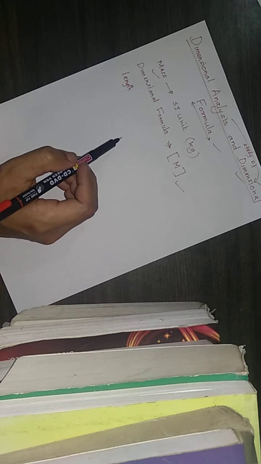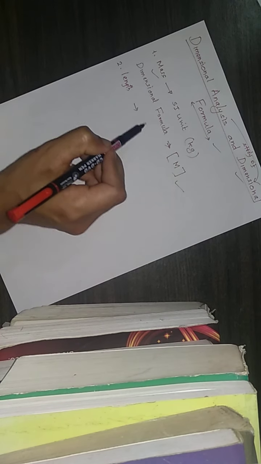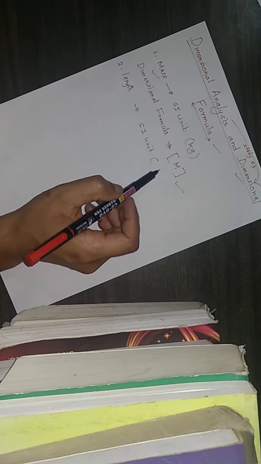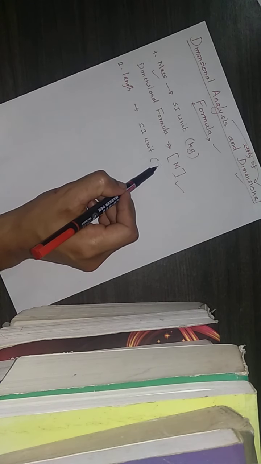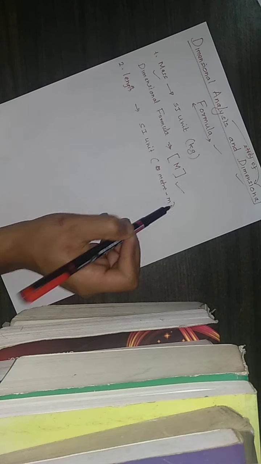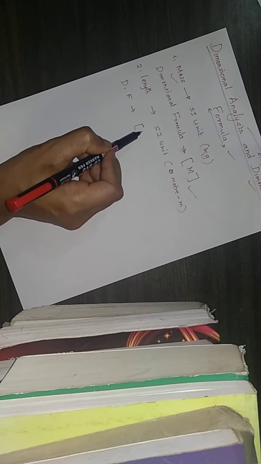Similarly, let's do it for all the 7 basic physical quantities. Number 2 is length, whose SI unit is meter, symbolized by small m. Its dimensional formula will be capital L inside the square bracket.